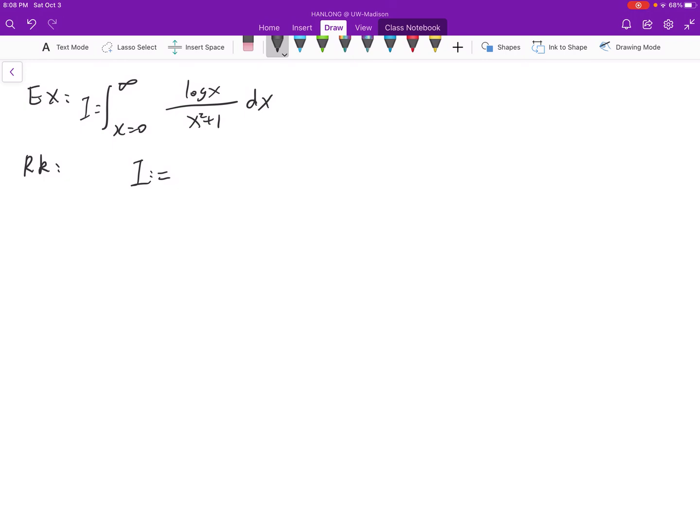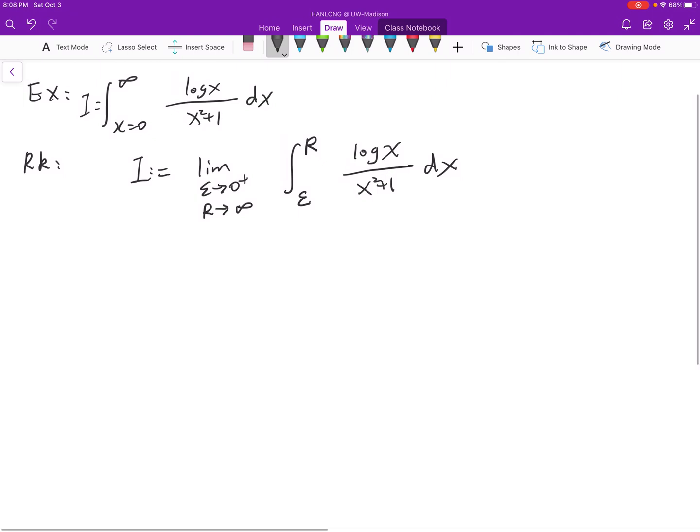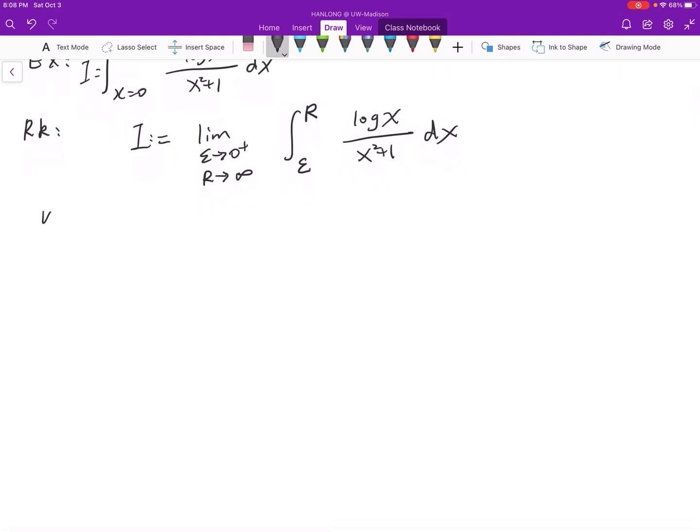I is defined by the limit as epsilon goes to 0 from the positive side and R goes to infinity of the integral from epsilon to R of log x divided by x squared plus 1 dx. Okay, then a natural question is why I exists.